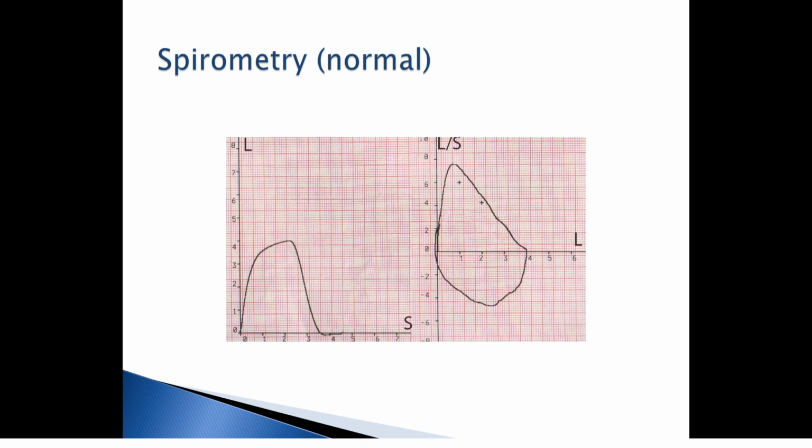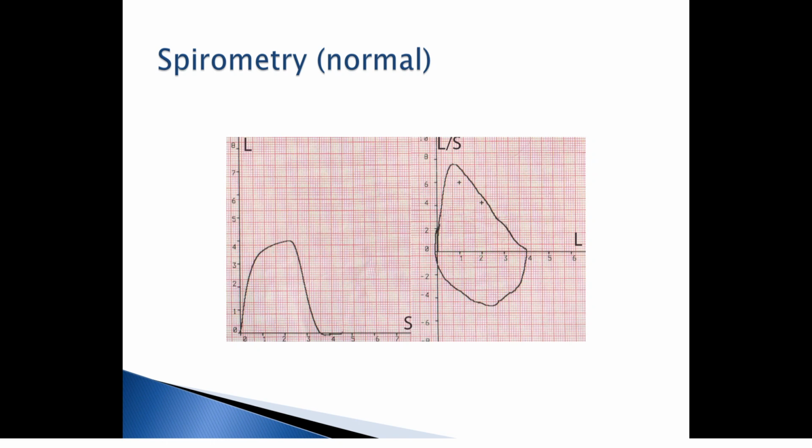In case of exhalation, the curve goes up. In case of inhalation, it goes down. You see, in this curve, exhalation lasts around 2 seconds. Normal time for exhalation is 1.5 to 2 seconds. And more than 80% is exhaled during the first second of exhalation.